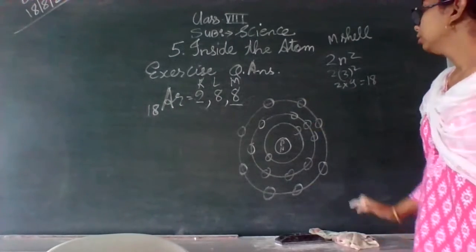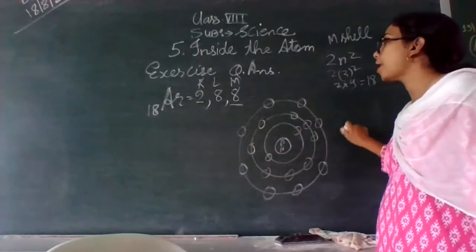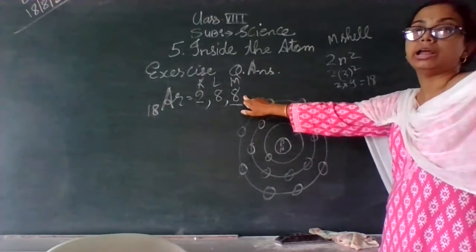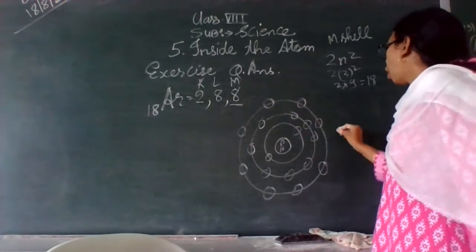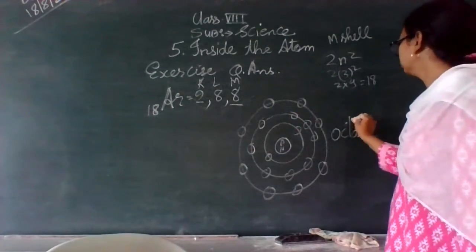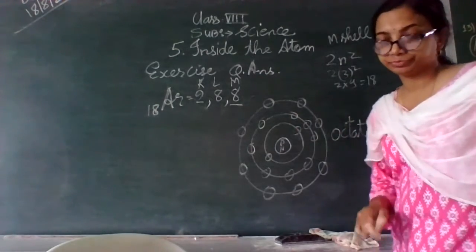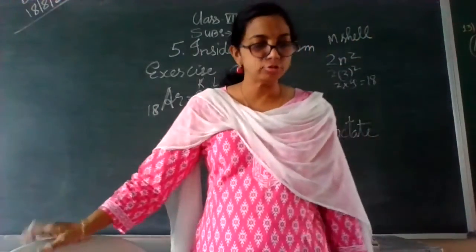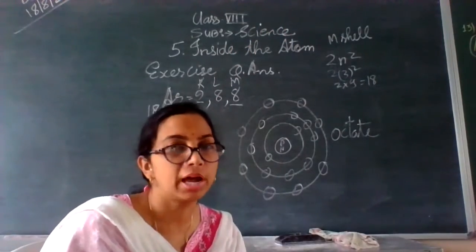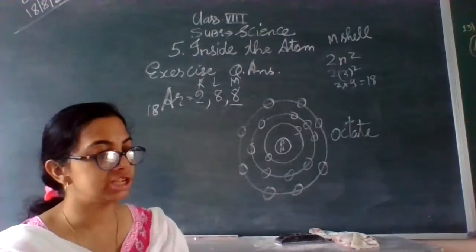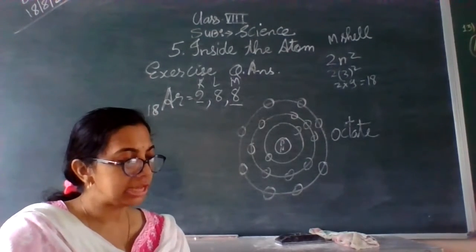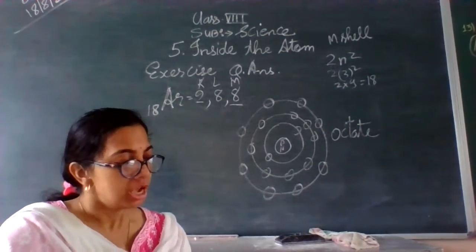This atom is stable because its outermost shell has 8 electrons, that is, the octet is complete here. This way you have to sketch the electronic configurations in proper orbits for these elements, magnesium and argon. Then you have to fill up the blanks.